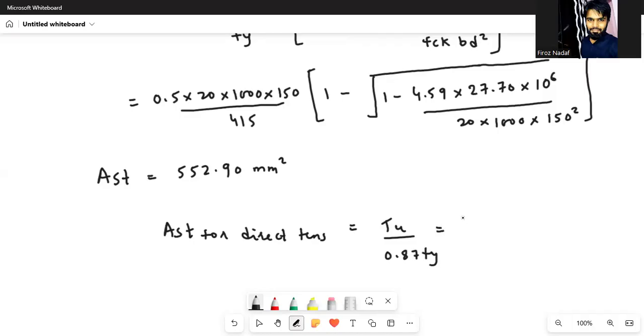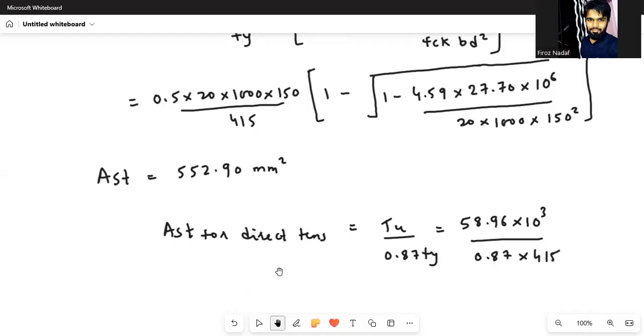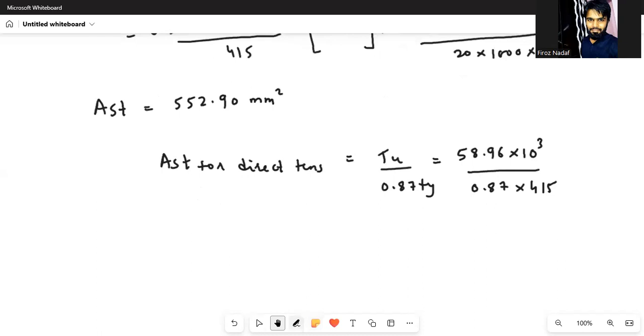And TU, we know, we have calculated TU 58.96 into 10 to the power 3 divided by 0.87 into 415. Okay, so AST for direct tension is given as 163.30.